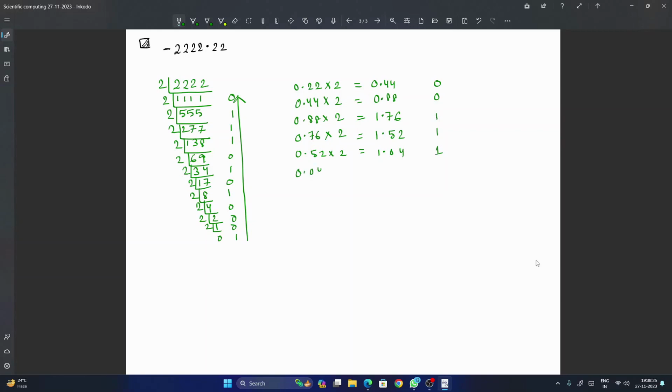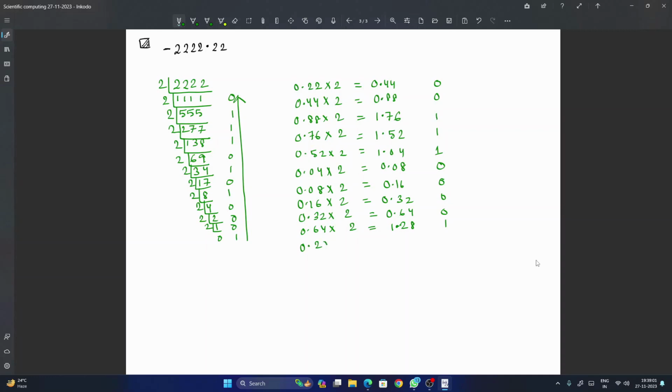Then 0.04 into 2, 0.08, 0. 0.08 into 2, 0.16, 0. 0.16 into 2, 0.32, 0. 0.32 into 2 is 0.64, 0. 0.64 into 2 is 1.28, 1.